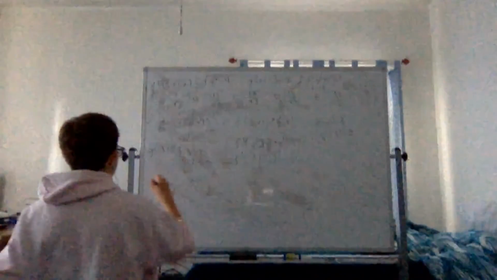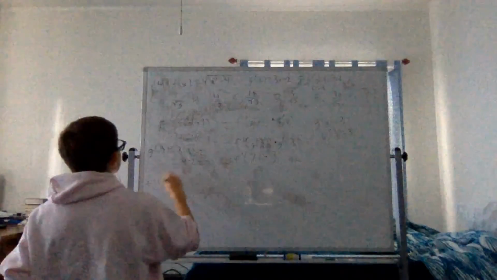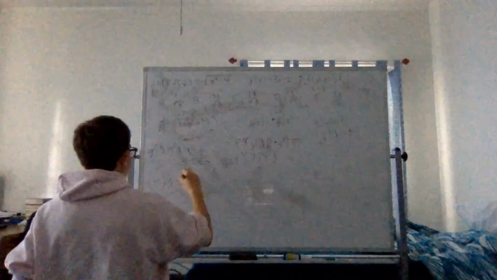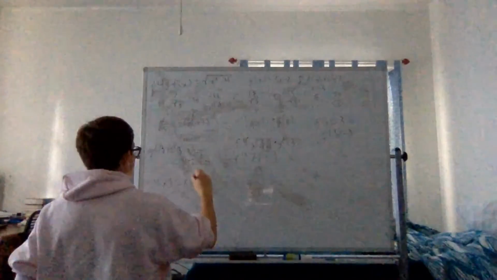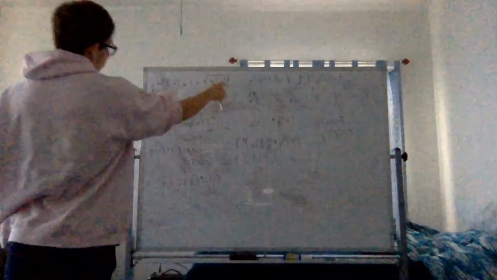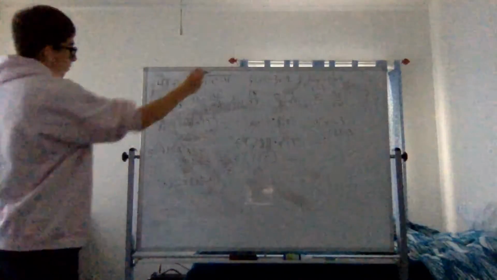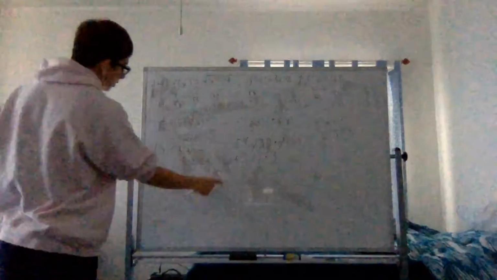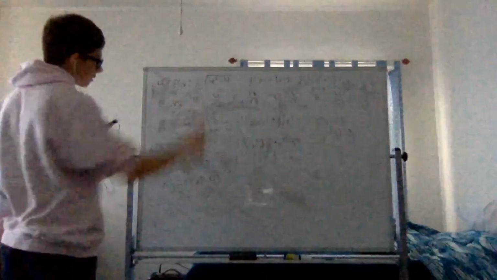Now to find f prime of 7, we need to take the derivative of f. So f prime of x is equal to x times x squared minus 4 to the negative 1 half, right? Because this is x squared minus 4 to the 1 half. So you would have 1 half times x squared minus 4 to the negative 1 half times the derivative of the inside, which is 2x.